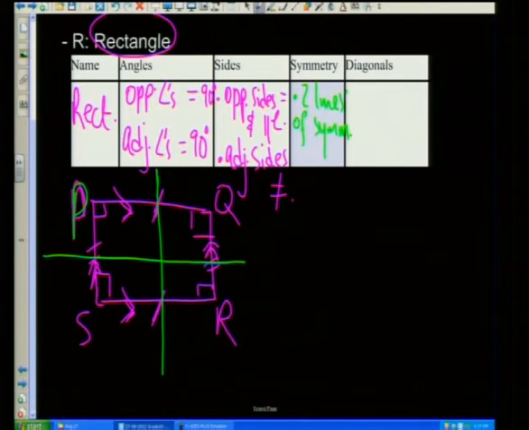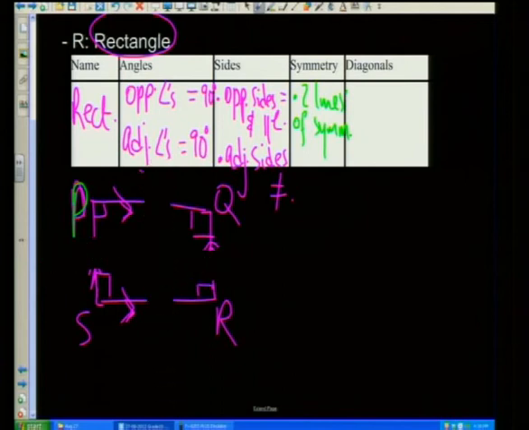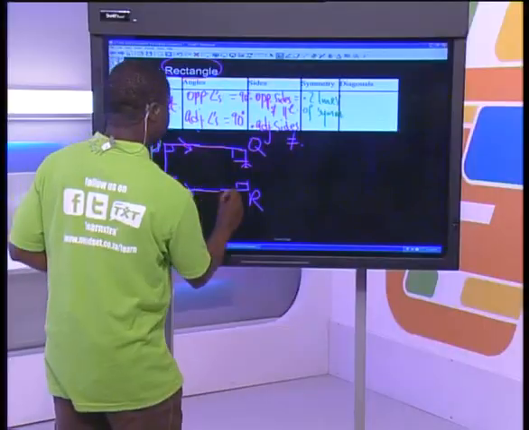And that's it. What about the diagonals? Now, if I can just redraw this quickly. All right, let's get that pen again. Now, let's show the diagonals there.